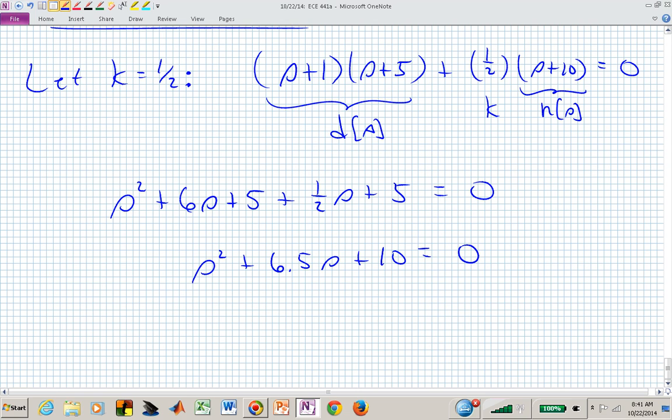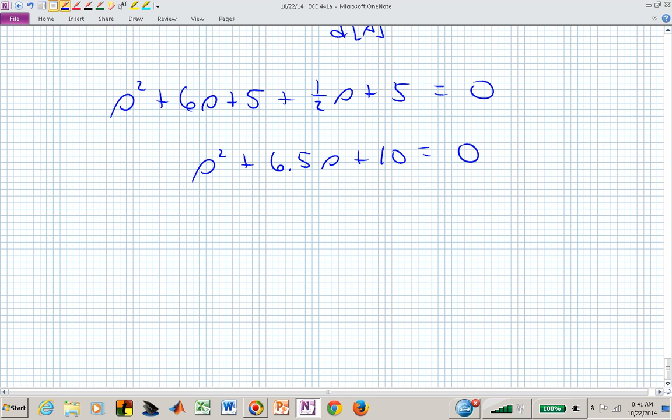How are ways of combining two numbers to make 10, where those two numbers now add up to 6.5? It's not that bad, actually, once you see it. How about 4 and 2.5? That'll work, won't it? Ta-da! Okay, so now we have s is equal to -4 and s is equal to -2.5.